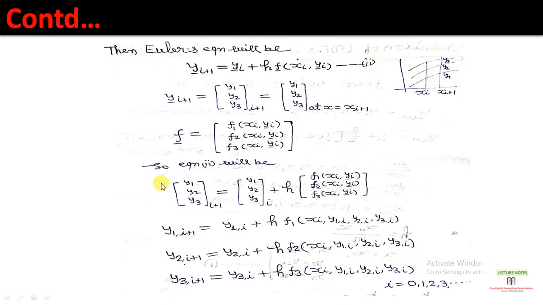Further we can write this in this manner. If we expand this, or write it in equation form, we can write y1 comma i+1 equals the corresponding term, y2 comma i+1 equals the corresponding term, y3 comma i+1 equals the corresponding term, where i equals 0, 1, 2, 3.